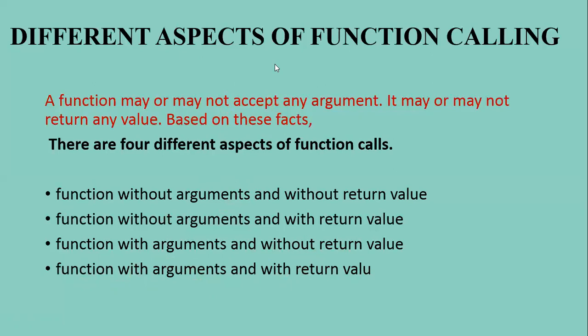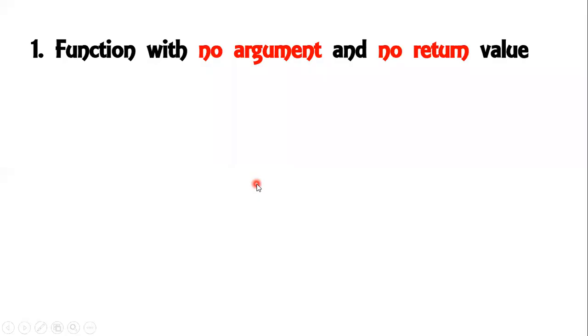Again, we will see the first one, without arguments and without return value, in the next slide. See here, very clearly: function with no argument and no return value. We are not passing any kind of inputs, and no return value is there. Let me show the definition.